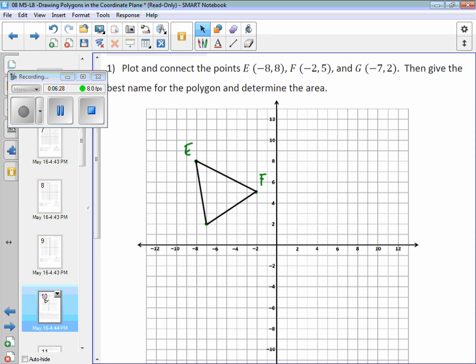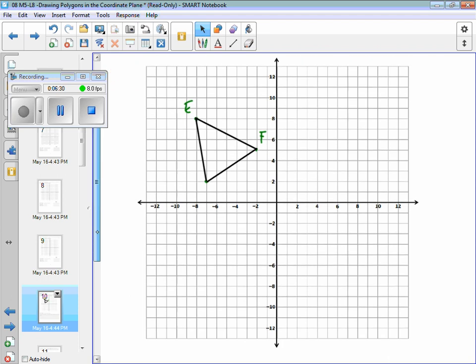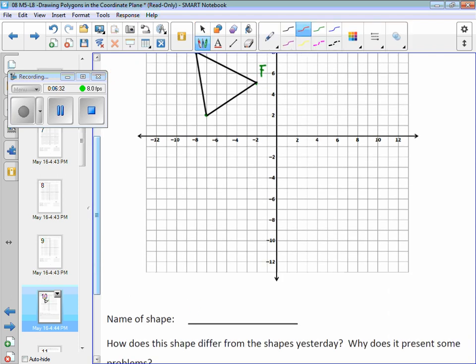Acute triangle. Don't make it any more complicated than it needs to be. You have 3 angles, all less than 90. But this is different than anything that we've done up to this point. We can't do base and we can't do height. In order for you to do base and height, you have to have the exact number of boxes for each.